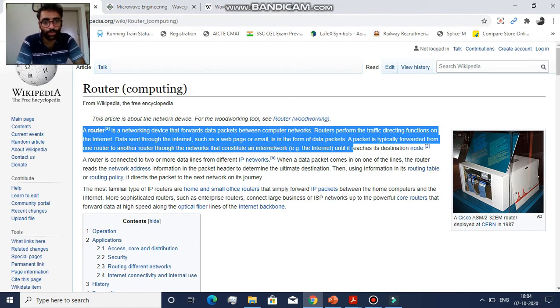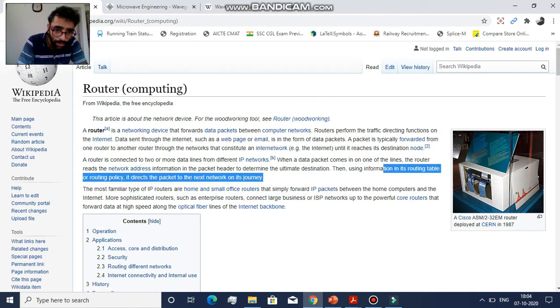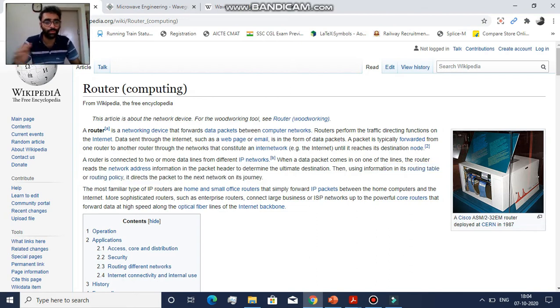A router is connected to two or more data lines from different IP networks. When data comes in one line, how does it actually transfer the data packet from one network to another network, or from one source to another destination? It does so with the help of a routing table. The routing table stores all the routes for a packet to travel from one source to one destination.